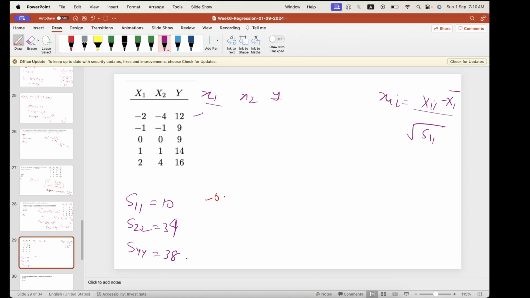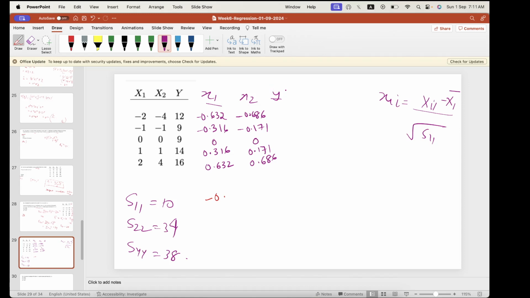Okay, so I'll just write it down. I'll just align it properly: minus 0.632, then minus 0.316, 0, 0.316 and 0.632. Okay, and this is minus 0.686, minus 0.171, 0, 0.171 and 0.686. Okay, and similarly y bar will be how much?